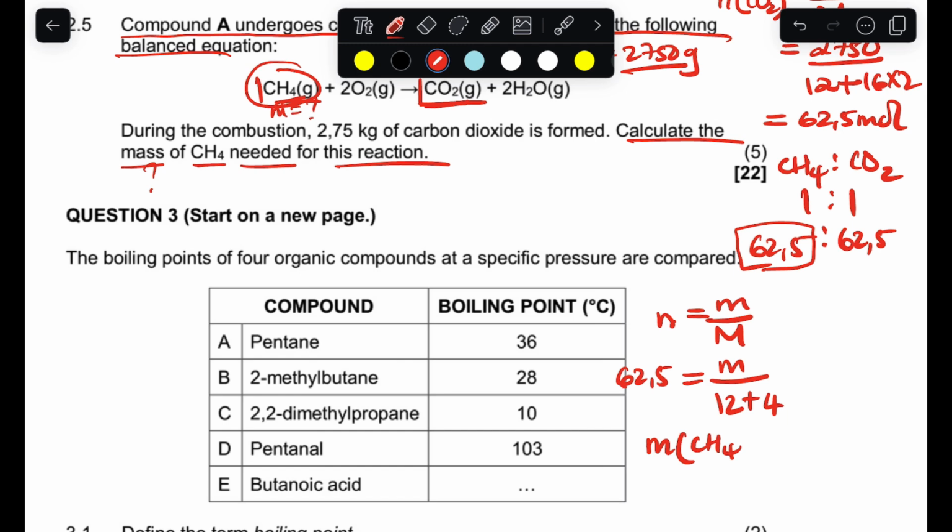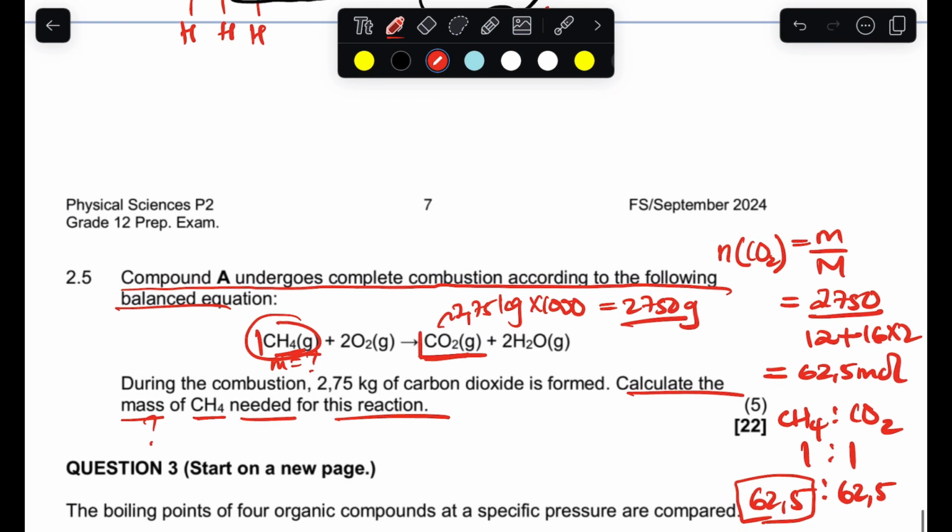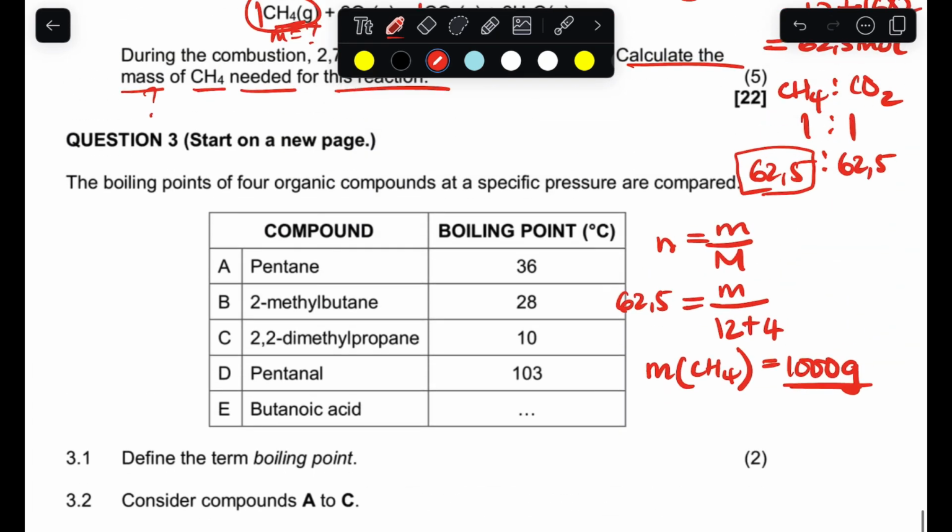Of CH4, it's going to be 1000 grams, right? So you can leave it like that, or you can leave it in kilograms, since they're giving you kilograms. But I think the standard international unit should be grams. Right, we are done with that.